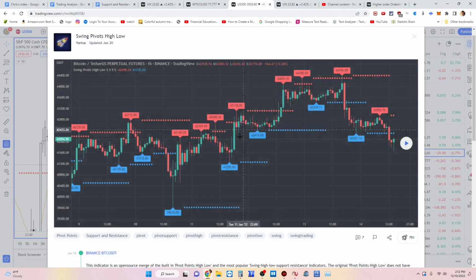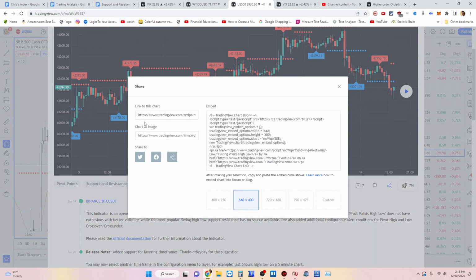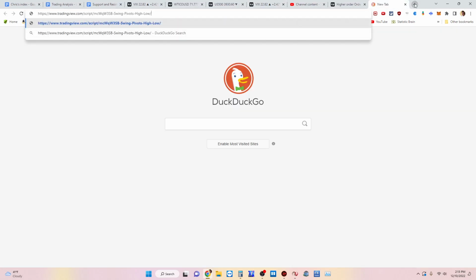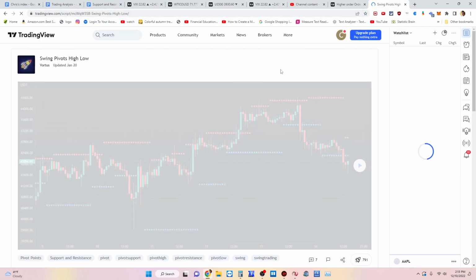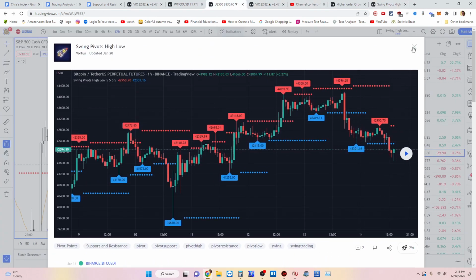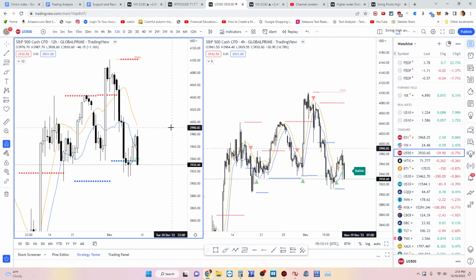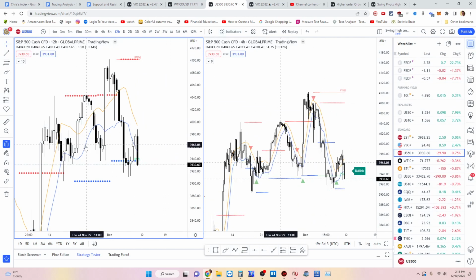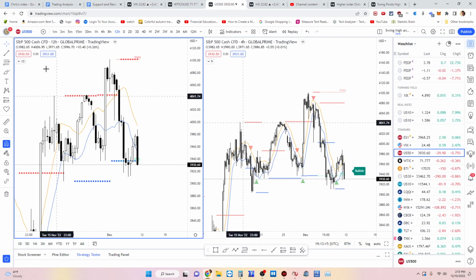This is the one that I found and liked. I took off the labels. I didn't really like the pattern smart one that much, but it seems to be really popular. But I have it on five everything, and then I just find the swing high and swing low.